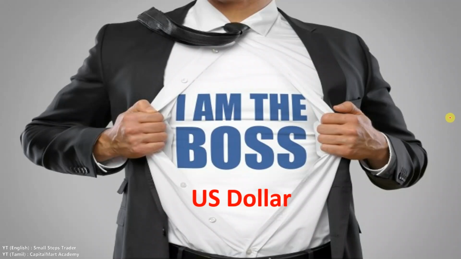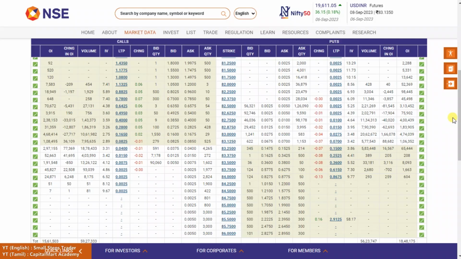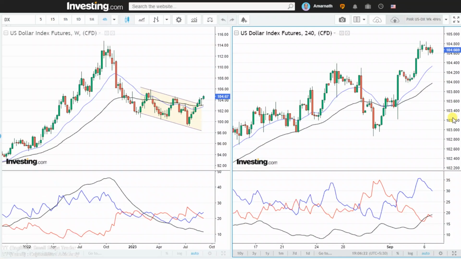And of course the US dollar is consolidating here. If you see the weekly chart, it is traveling very well towards 106 on a weekly basis. So maybe this week it will touch 105 and maybe the subsequent week it may touch 106 if the momentum continues on the upper side.